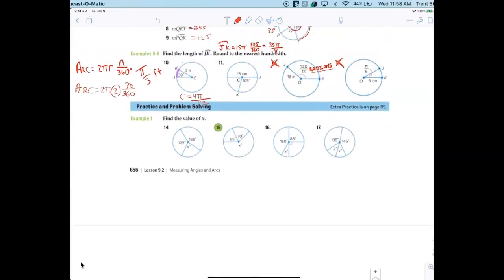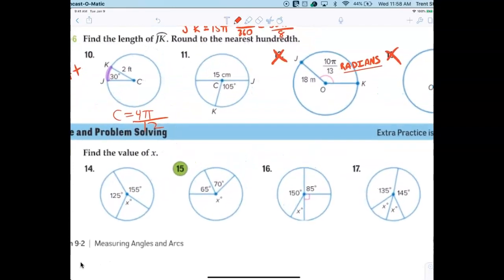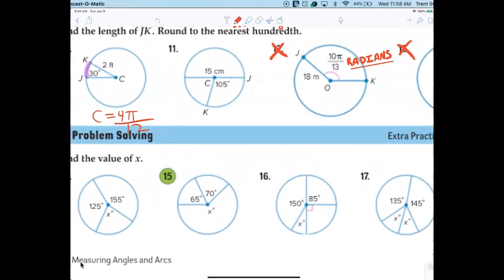So let's look at 11 one more time. We're trying to find JK. This is JK right here, right? So the formula is arc equals 2 pi r times n over 360. Well, what is 2r the same as?